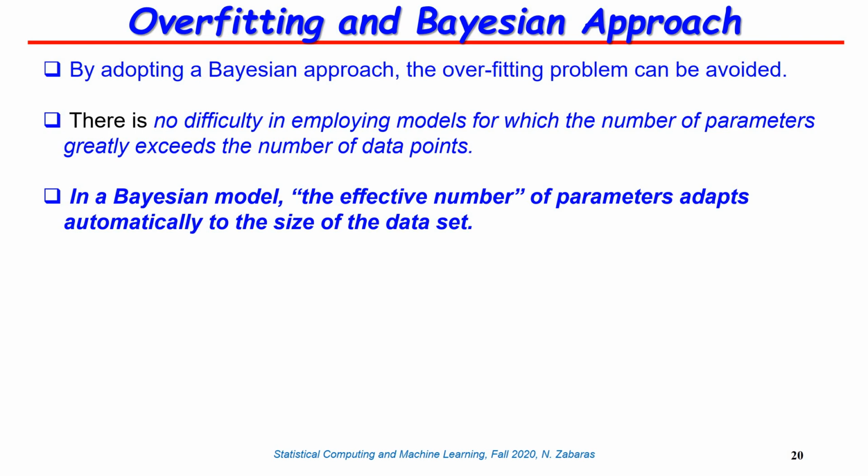So in this particular case, the order of the polynomial m can be way higher than n. Effectively, what is happening in a Bayesian model is that the model defines the effective number of parameters that you can identify from the data, and in some way automatically adapts this effective number of parameters to the size of your data set.